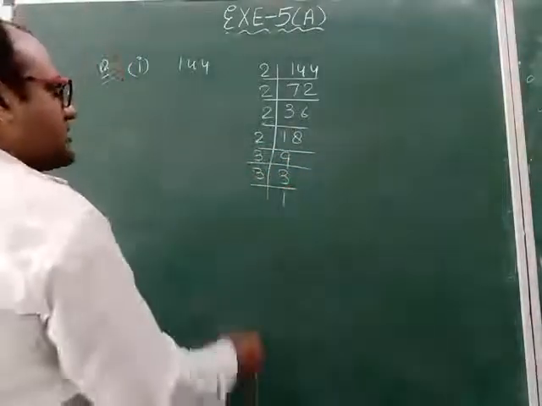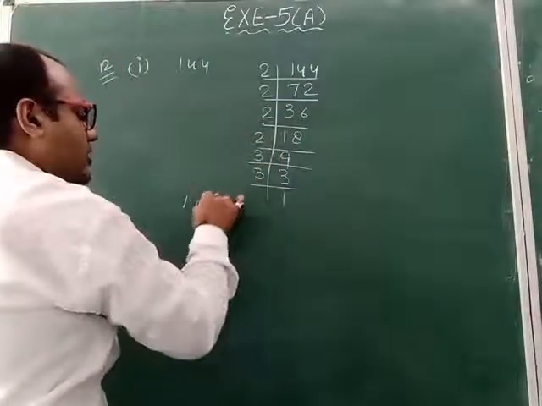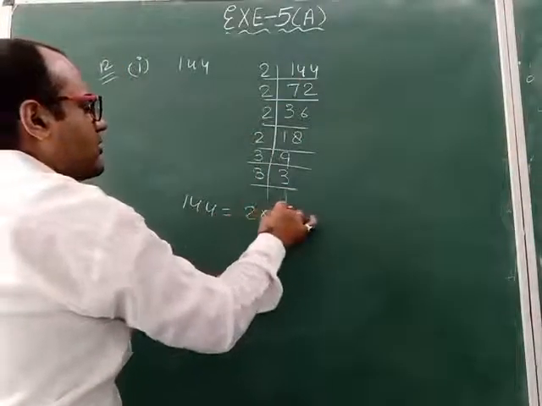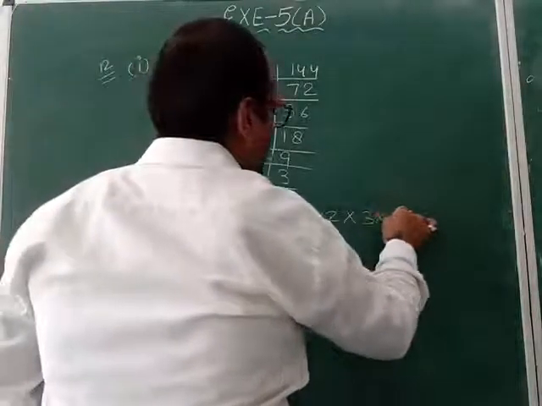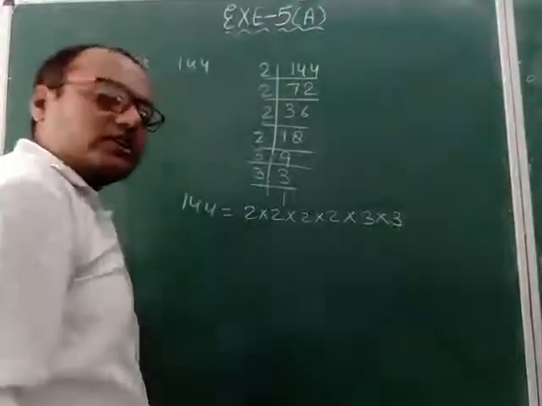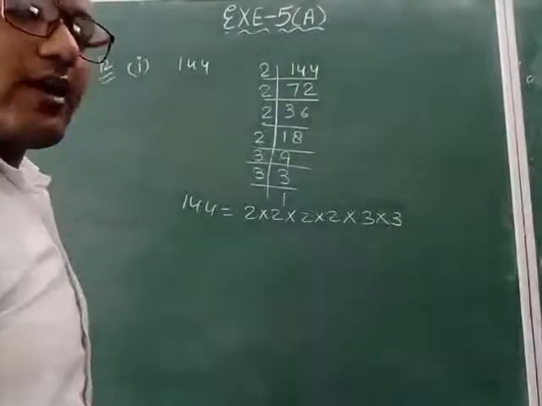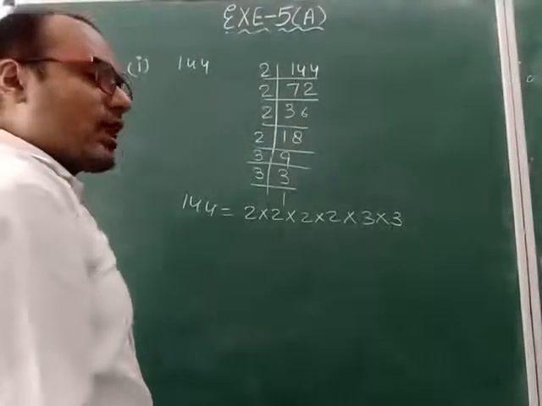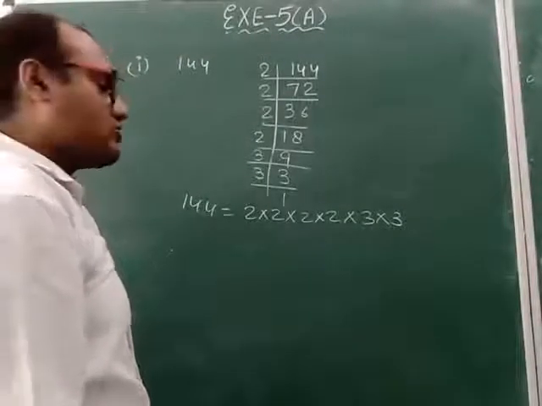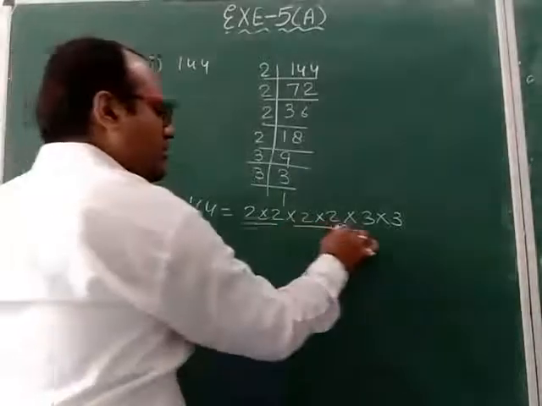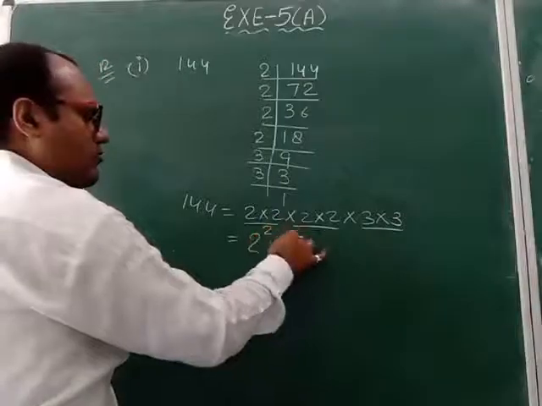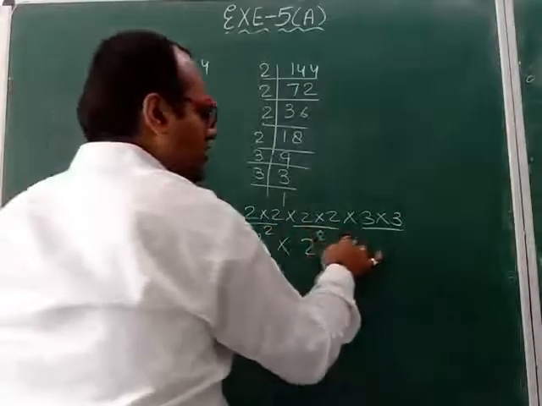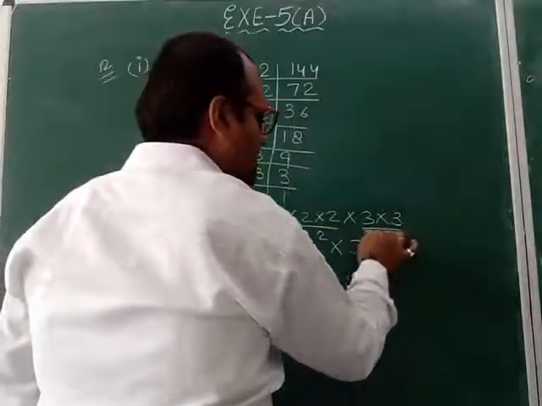Now we will write the answer: 144 is 2 multiply 2 multiply 2 multiply 2, 3 multiply 3. In the heading of the question it is written: write as a square or as a cube. Square means double numbers you have to take. So we can write it as 2 power 2, this is also 2 power 2, this is also 3 power 2.